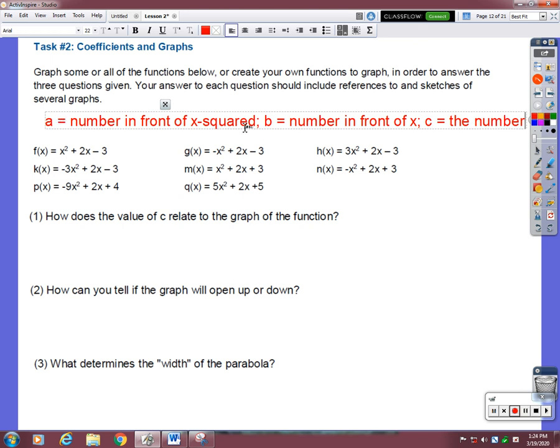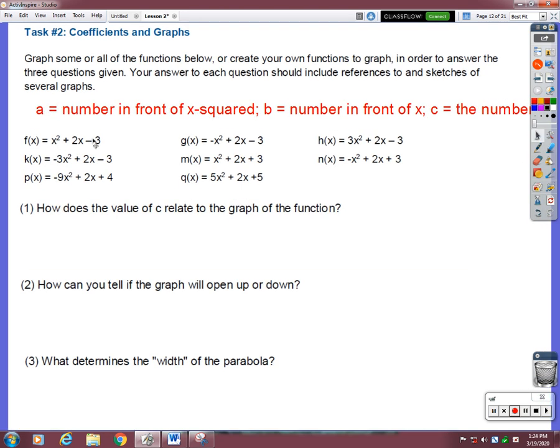Okay, so if I look at these guys right here, in this one, a would be 1 because this is 1x squared. B is 2. C is negative 3. In this one, A is negative 1. B is still 2, and C is negative 3. And in this one, A is 3, B is 2, and C is negative 3. I'm sure you kind of get the idea.